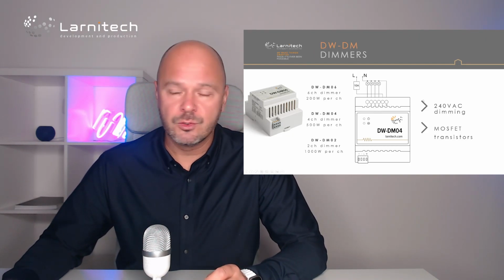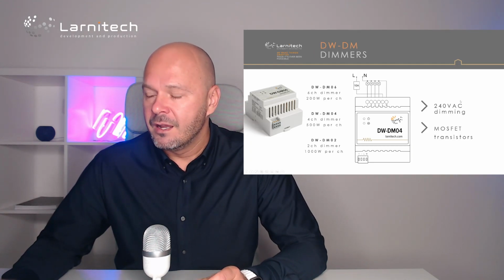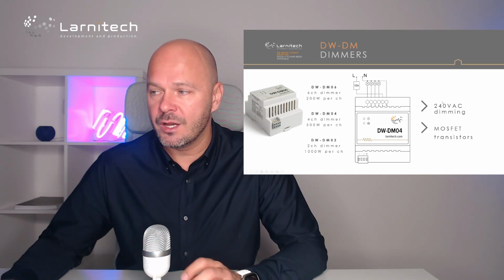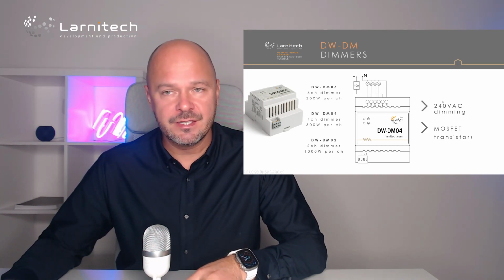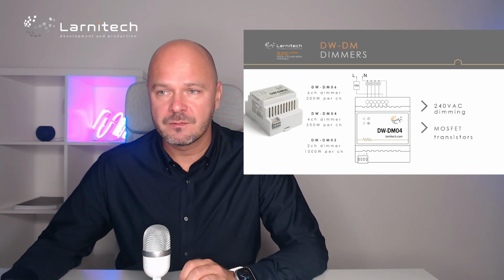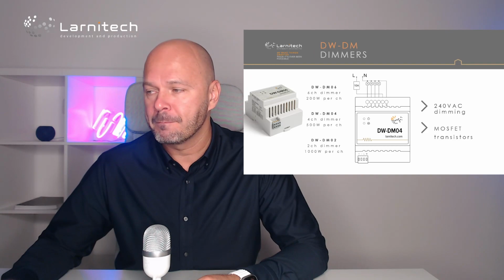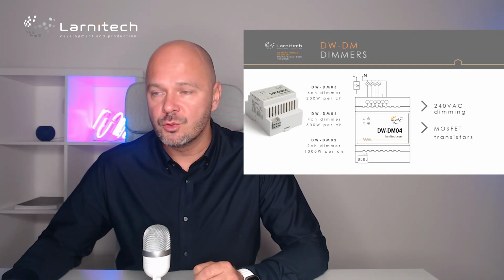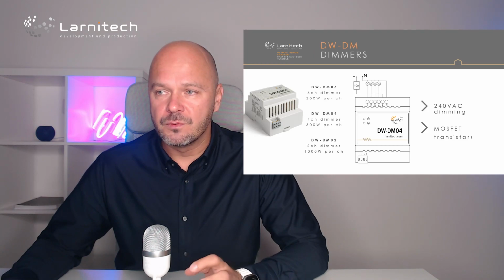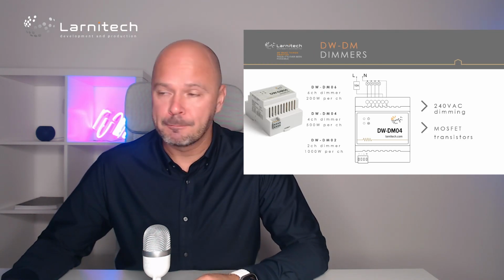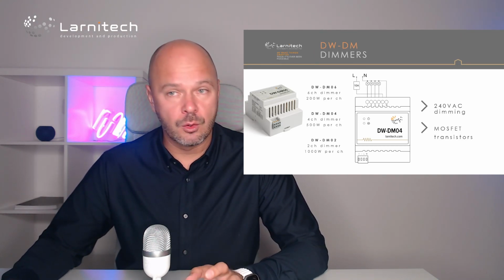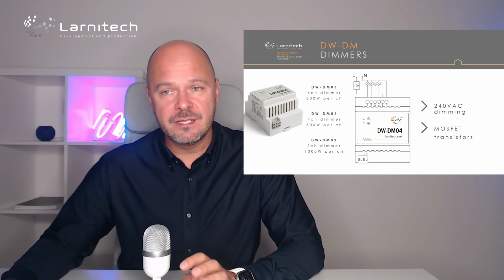So what they do is they dim 240 volts AC, and if you have AC dimmable lights, it will be able to dim them. It uses MOSFET transistors to dim, so this one is actually the best way to dim 240 volt dimmable lighting. Is it compatible with any lighting? No. Is it compatible with any dimmable lighting?